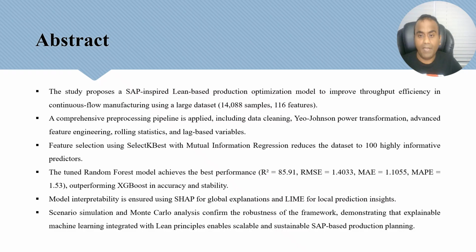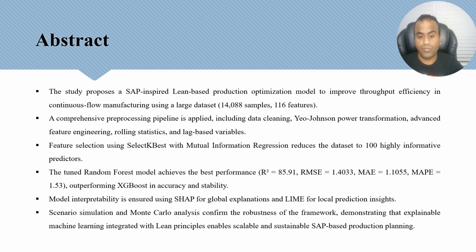So basically, what this study is all about: in traditional SAP, the way we are planning is based on historical data, and then how machine learning improves the throughput, plan versus actual planning. There are different models that are used in this study.